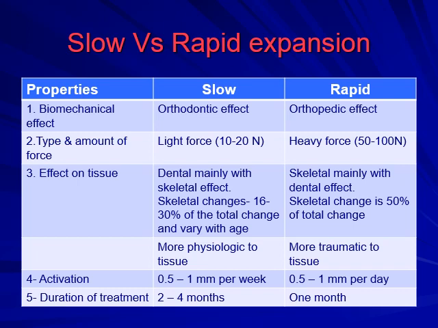The slow expansion is activated from 0.5 to 1 millimeter per week, while the rapid expansion is activated from 1 to 1 millimeter per day. The treatment duration is 2 to 4 months in the slow expansion and 1 month only in the rapid expansion.